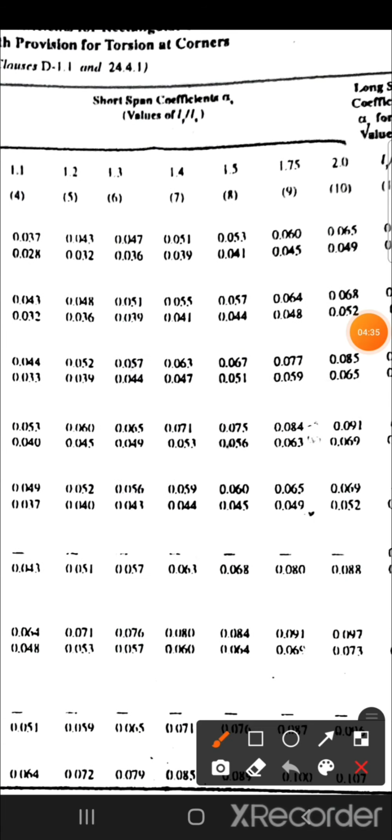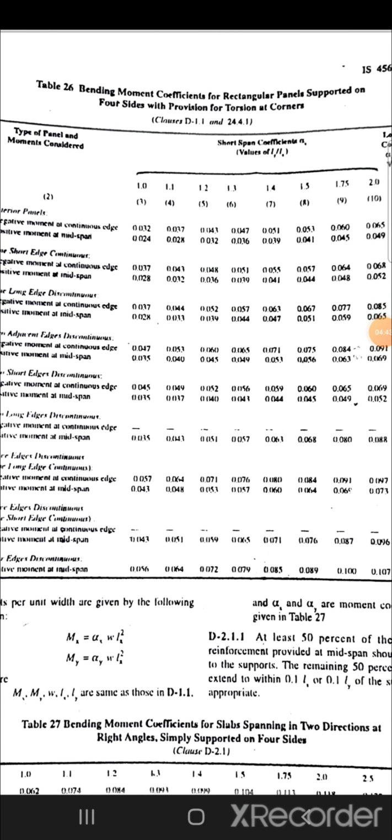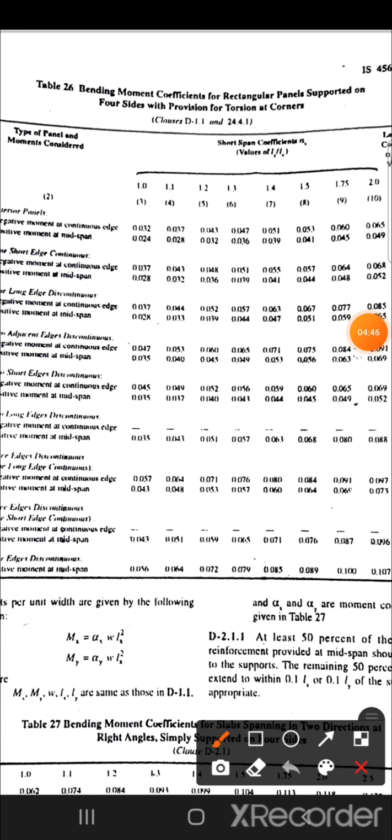Rounding it, nearest value is 1.75 here. Here in adjacent edge discontinuous, 1.75, alpha x values are 0.084 and 0.063.